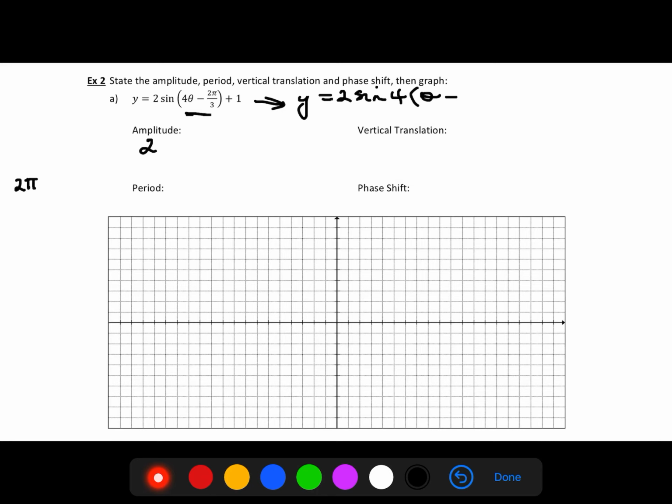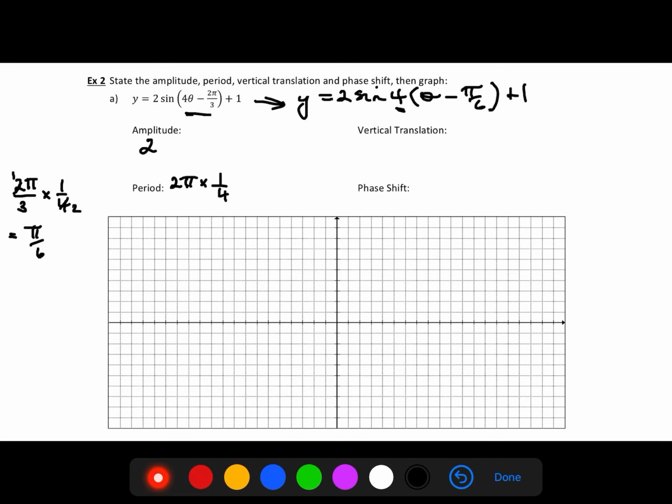And when we do that, dividing by 4 or multiplying by 1/4, we're going to get, and let's do this over here, 2 pi over 3 dividing by 4 is the same thing as multiplying by 1/4. So we're going to simplify. We get 2 down here, 1 up here. So we're going to get pi over 6. So we're going to have theta minus pi over 6. And we have plus 1.